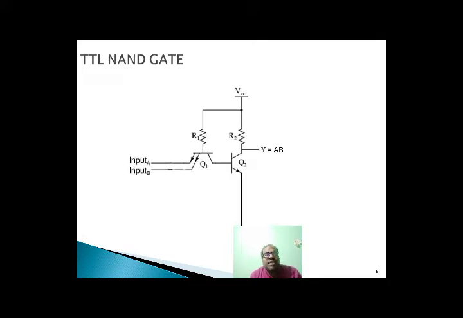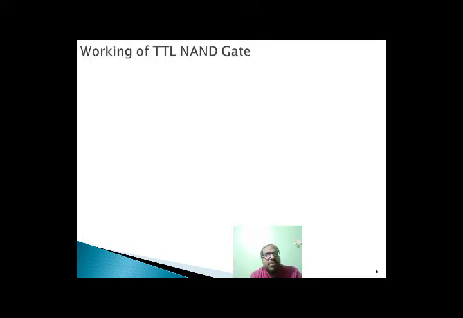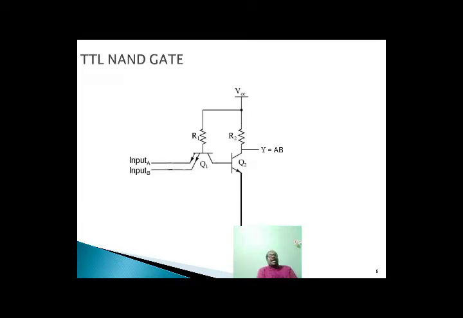Now we are going to the TTL NAND gate. Please note the diagram, TTL NAND gate. Here we already told that TTL has a multiple emitter transistor circuit.